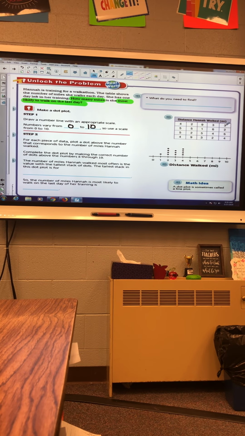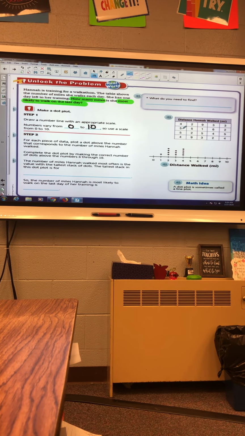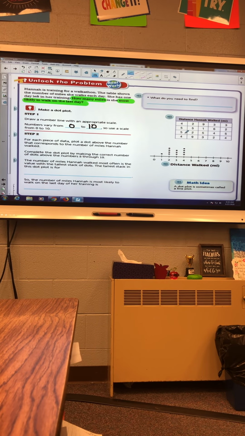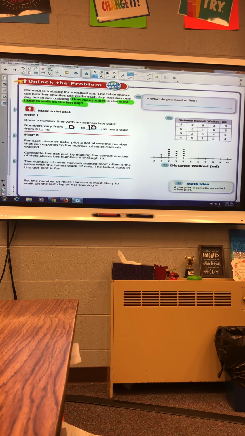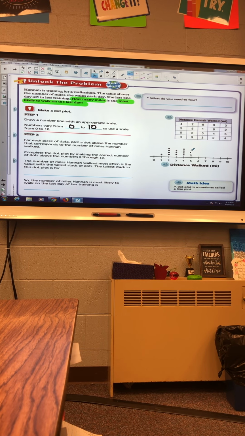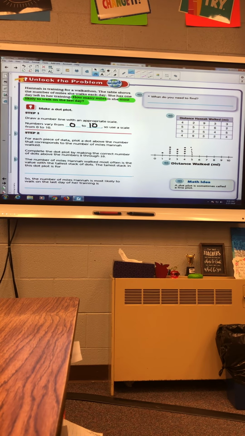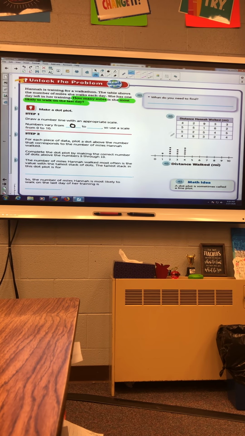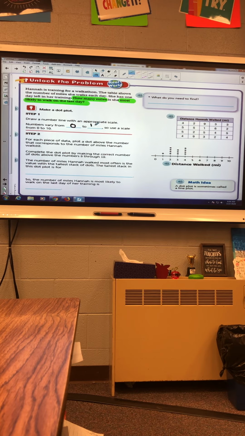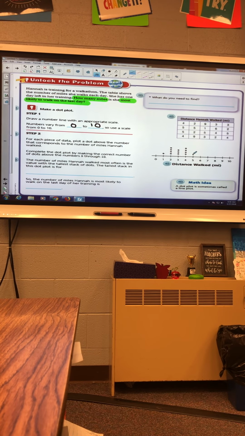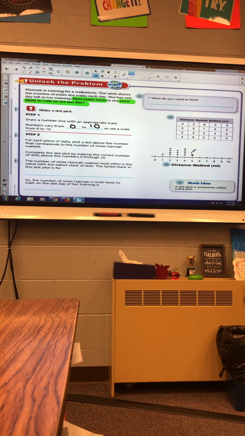So let's do 5. So I'm going to look. I have 1, 2, 3, 4, 5. So 5 days she walked 5 miles.